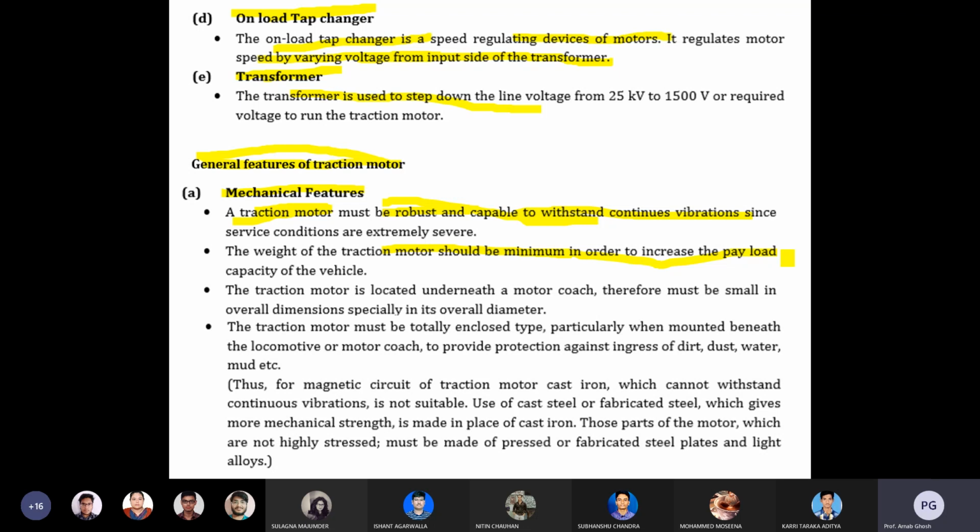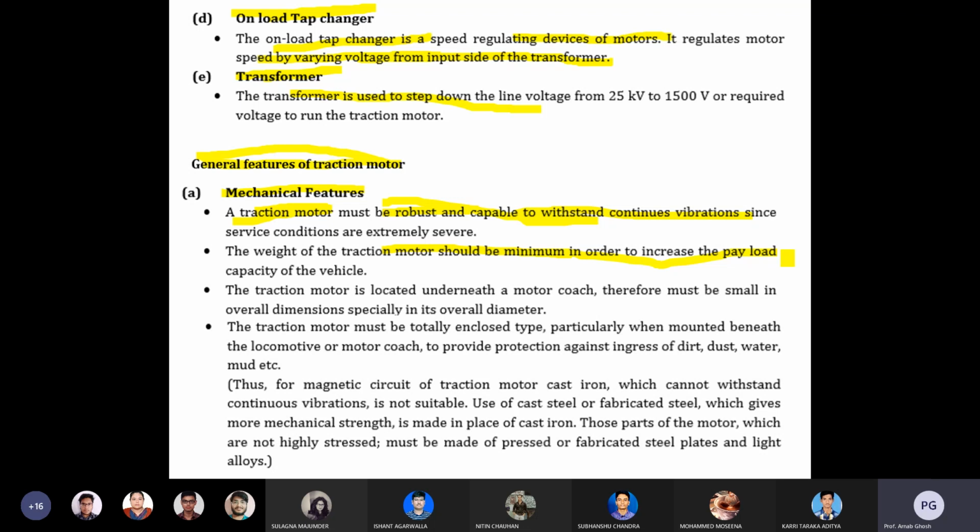Then the traction motor is located underneath a motor coach, therefore it must be small in overall dimension. Dimension, that is to say the diameter. So how much dimension will be there?